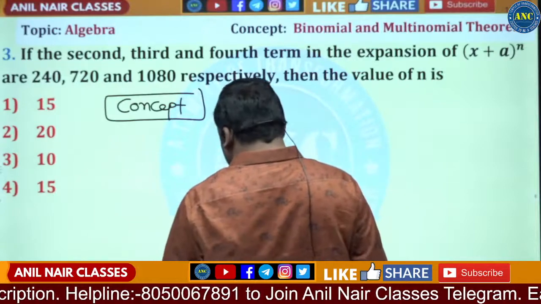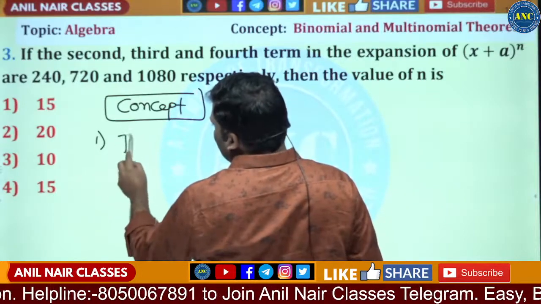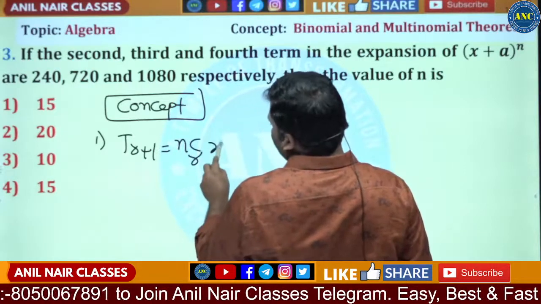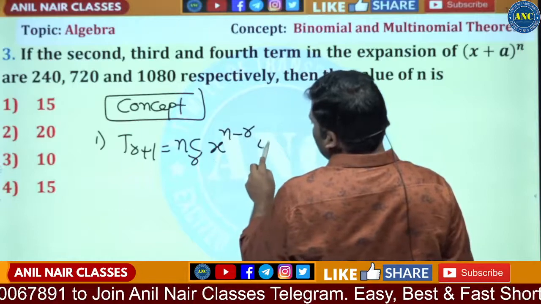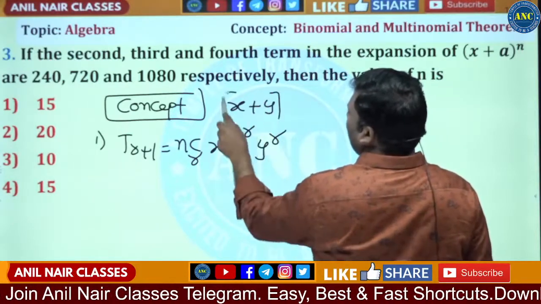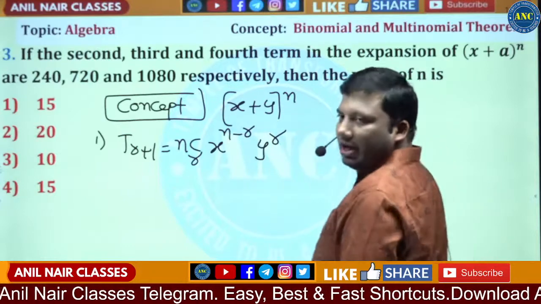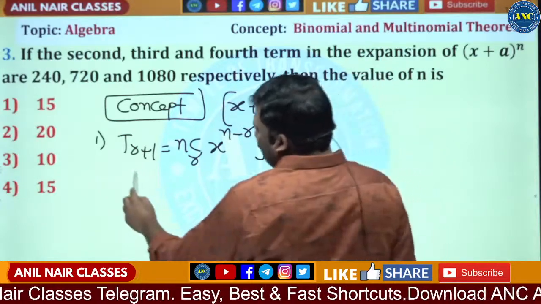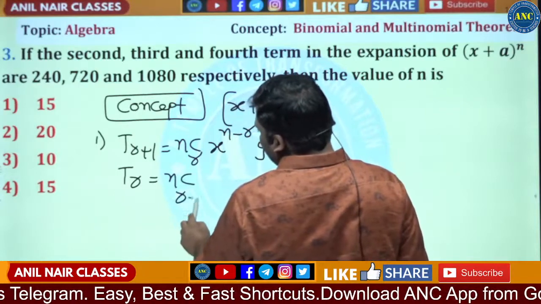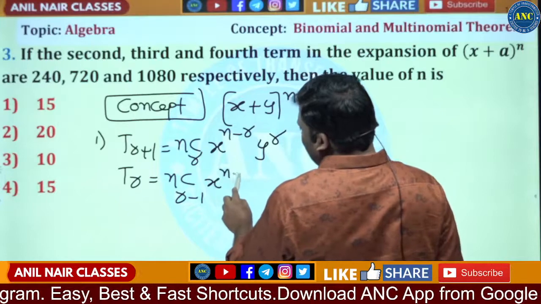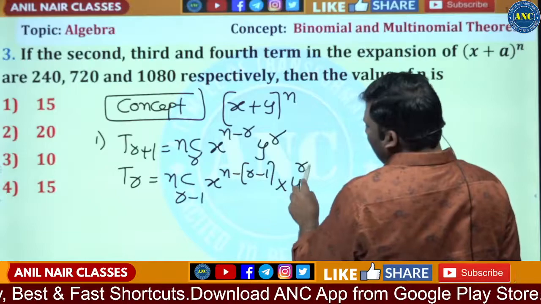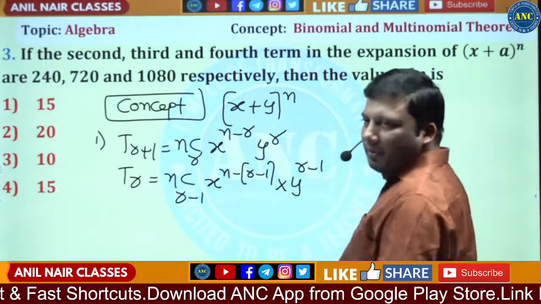What we discussed: TR plus 1 is NCR x power n minus r and y power r, in (x plus y) power n. So if it is TR, this will be NCR minus 1, x power n minus (r minus 1), and y power r minus 1.